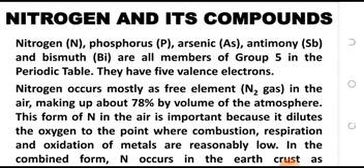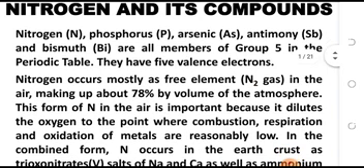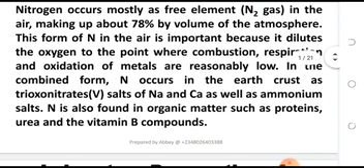So nitrogen also occurs in combination with other elements in the earth's crust, especially as trioxonitrate 5 salts of sodium and calcium. That is sodium trioxonitrate 5, calcium trioxonitrate 5, as well as ammonium salts. For example, ammonium sulfate, ammonium chloride.